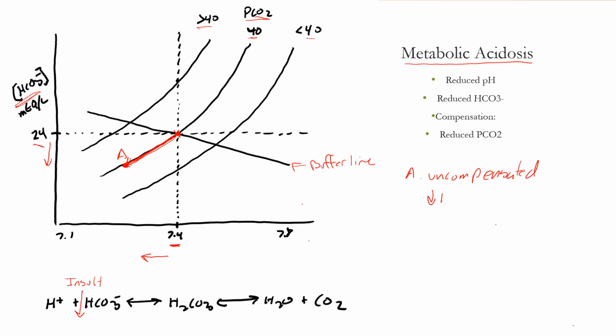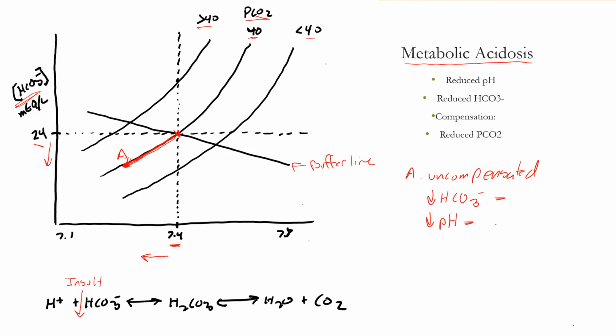And there's a decrease in my bicarb, which was one of my initial insults, and that's going to ultimately lead to a decrease in my pH because I have all these extra acids. So I've dropped my pH and I've dropped my bicarb. This is how I'm acidotic, and I see my bicarb levels are low because we're trying to buffer those extra acids.